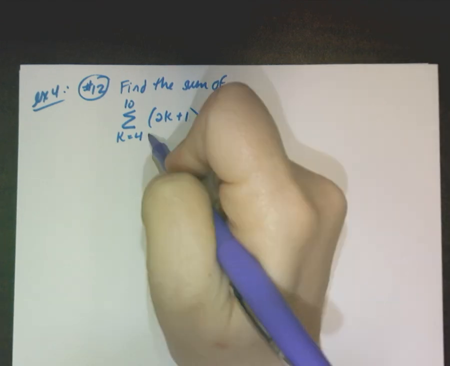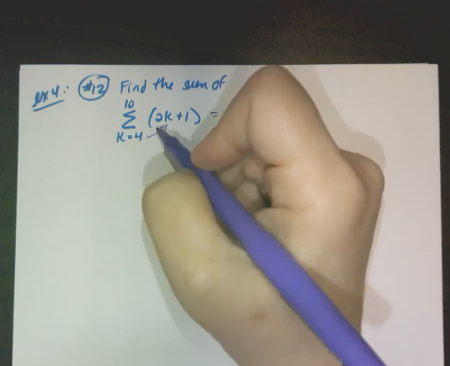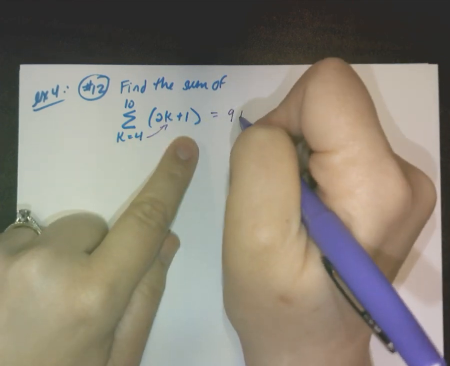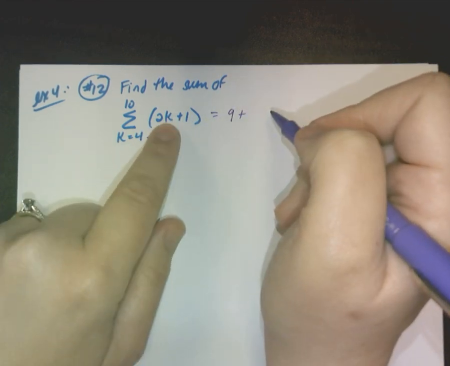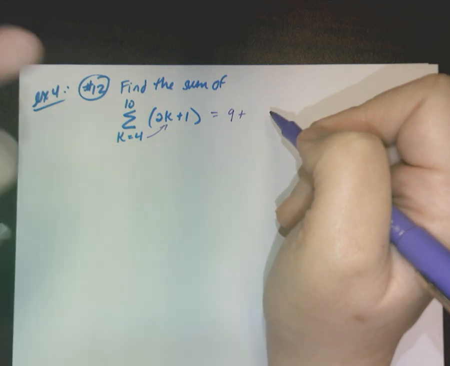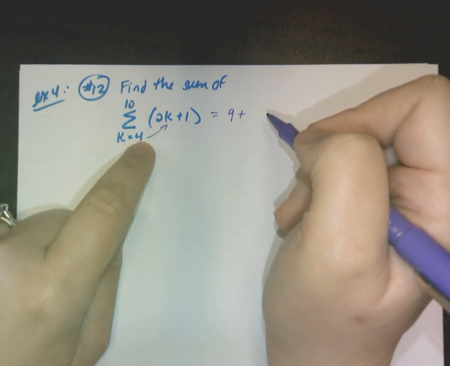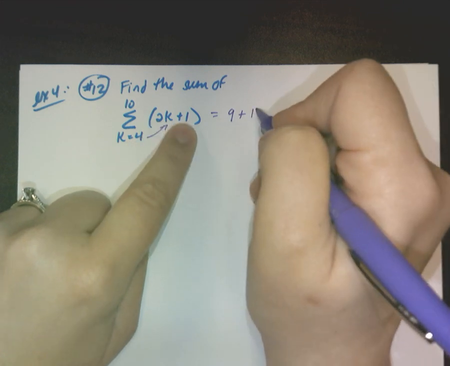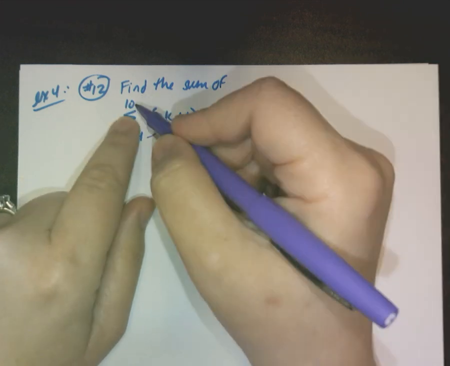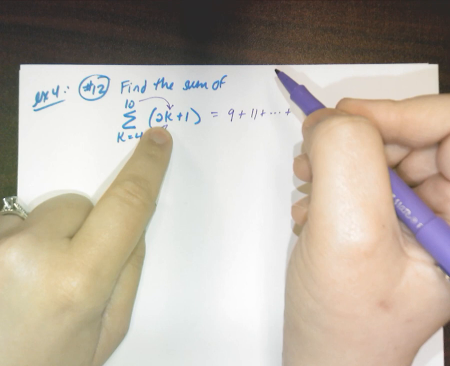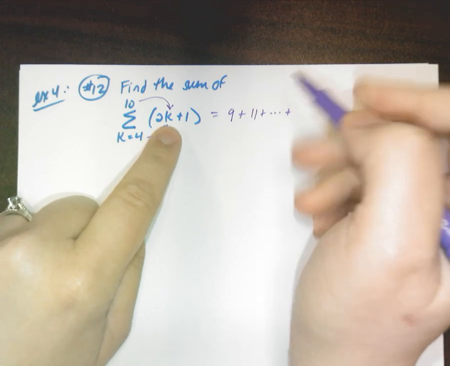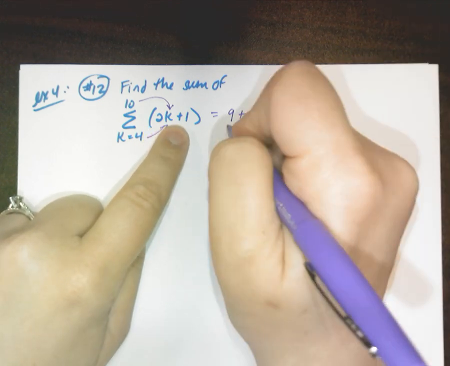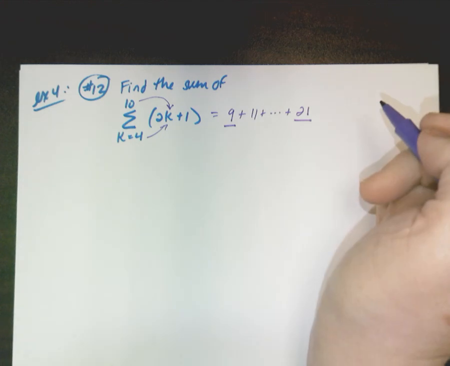So I'm going to plug 4 in, and I would get 4 times 2 plus 1 is 9. And you could do another one if you want to, to find a common difference. What would come after 4 would be 5. 5 times 2 is 10 plus 1 is 11, and so on. And then you've got to get that last number. 2 times 10 is 20 plus 1 is 21. Okay, so first number, last number.